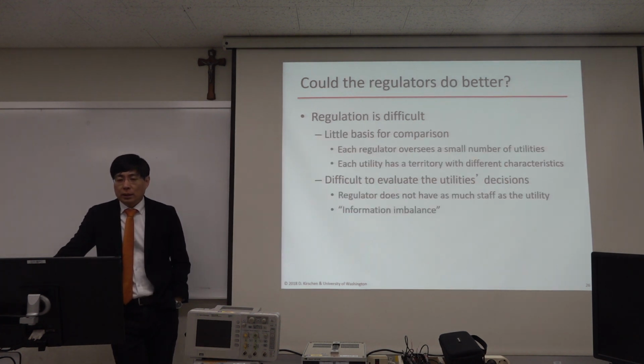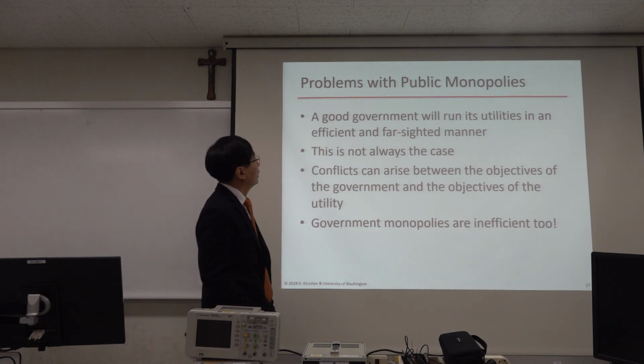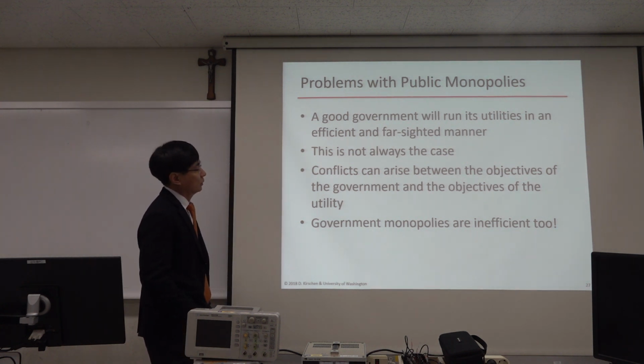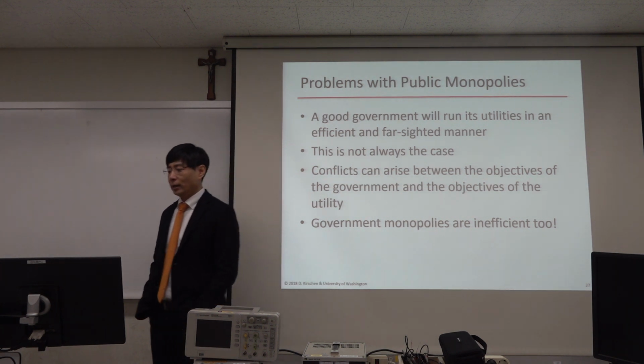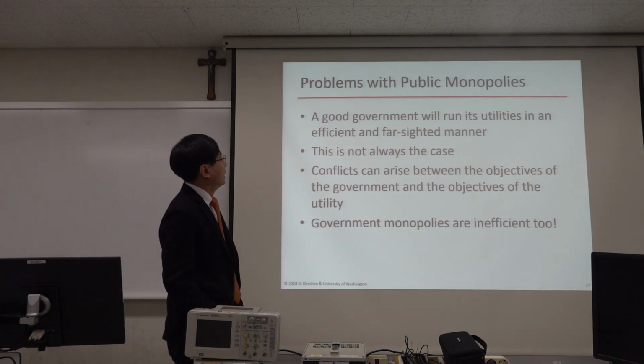Okay, then let's think about the problems with public monopolies. A good government will run its utilities in an efficient and fair, far-sighted manner. Yeah, that's an ideal case, but this is not always the case.